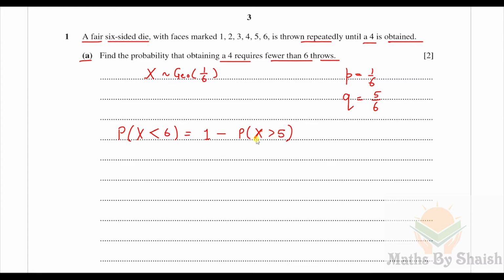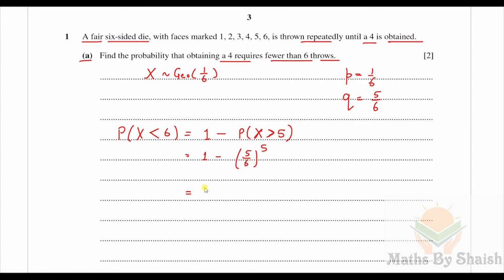We could have written it as more than or equal to 6, but that is the same as more than 5, because in the geometric distribution we have this probability as q raised to the power 5. So it becomes 1 minus 5 over 6 to the power 5.